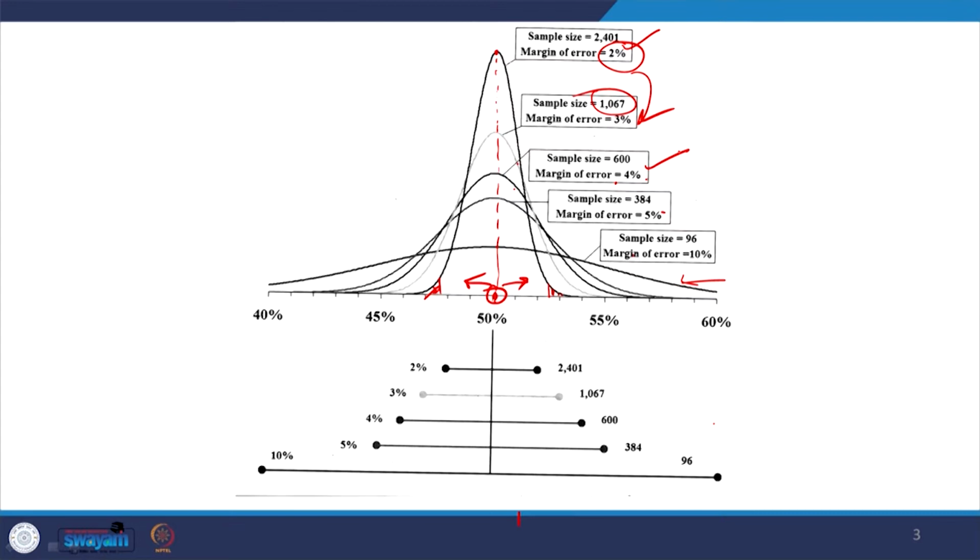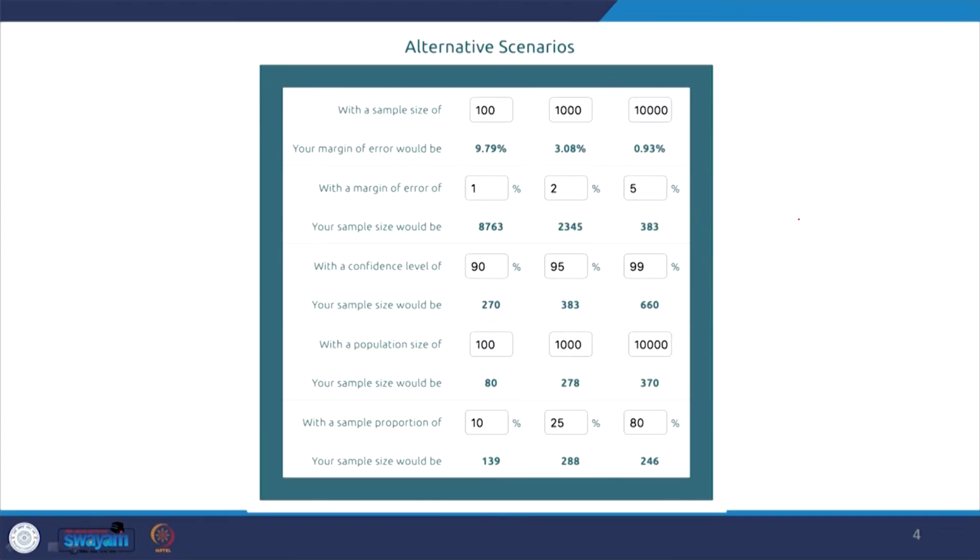When the sample size is only 96, margin error increases to 10%, as per an example. This is simply an example. It is mentioned in the diagram here very clearly. You can follow it up and you will find the correct interpretation.